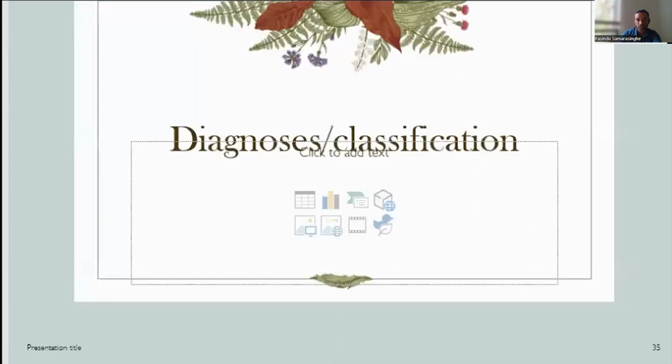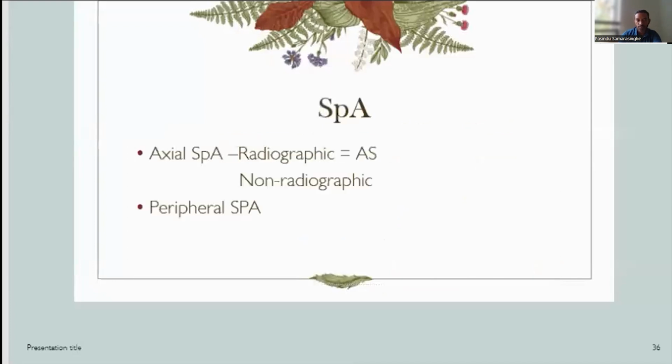Right, so coming into diagnosis and classification. If it is more axial, it's axial spondyloarthritis. And when you have X-ray changes, we call it ankylosing spondylitis. And if it is non-radiographic, which is then found on MRI scan, it's called undifferentiated spondyloarthritis.